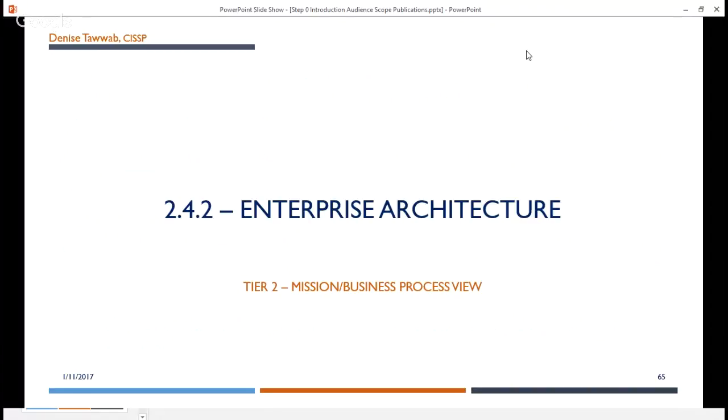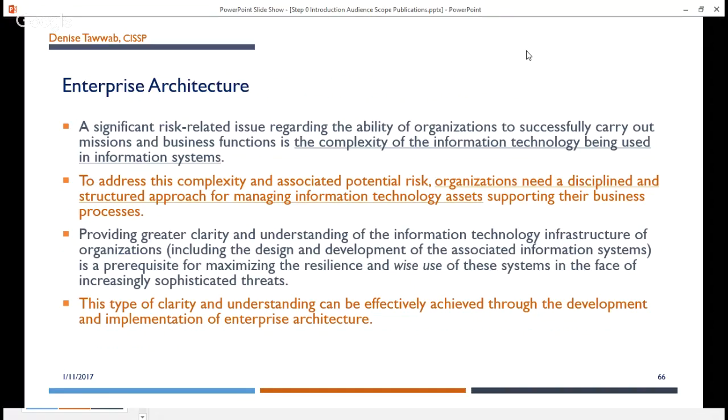Let's talk briefly about enterprise architecture. Again, we're still at Tier 2, the mission business process view of risk management. Enterprise architecture, a significant risk-related issue regarding the ability of organizations to successfully carry out business functions, is the complexity of the IT, or the information technology, being used in information systems. To address this complexity and associated potential risk, your organization needs a disciplined and structured approach for managing information technology assets that support business processes.